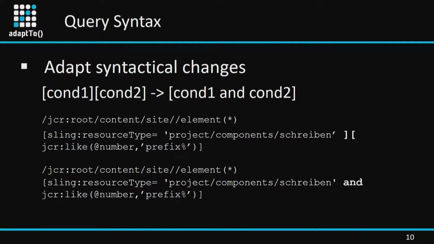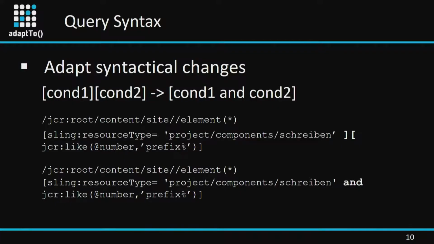It was very common in CRX2 to write the filter conditions one behind the other as a sequence as they come from input, for example, from a search formula, and then you write that enclosed in square brackets as a sequence of filter conditions.